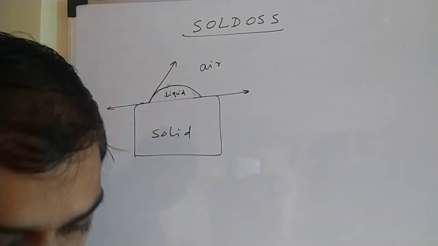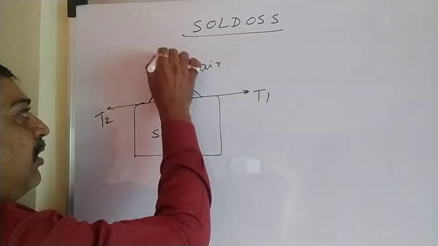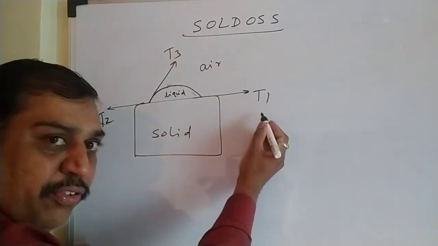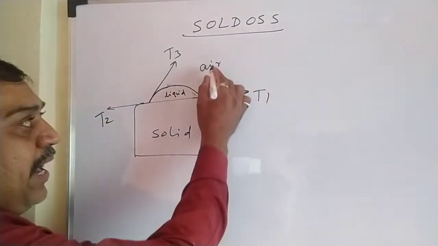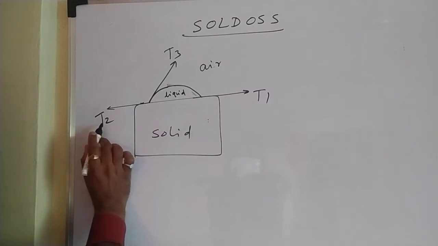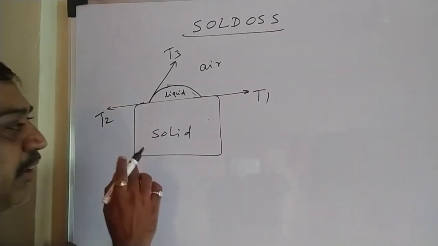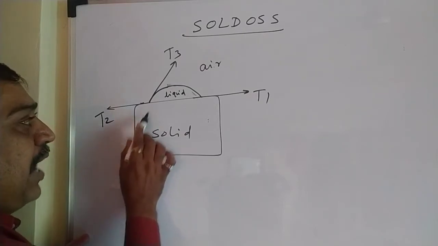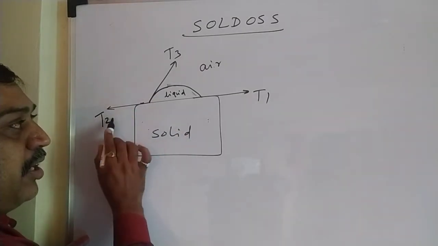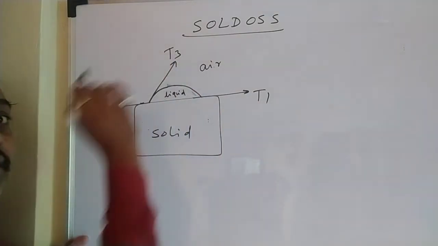According to the book, this is T1, T2 and T3. T1 is the surface tension between air and solid. T2 is the surface tension of the pair solid and liquid. And liquid and air is T3.